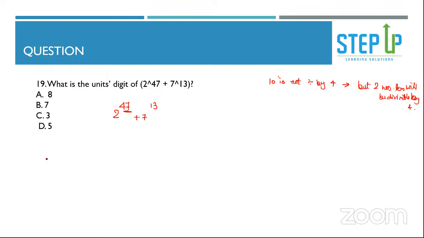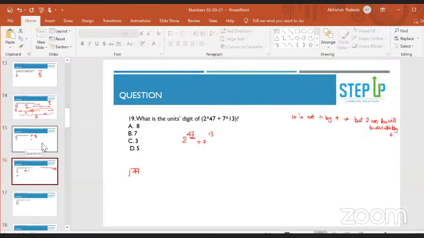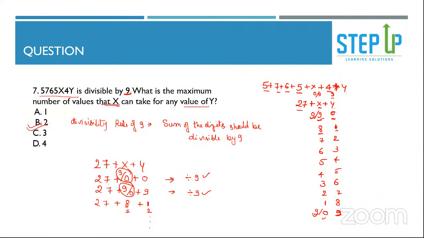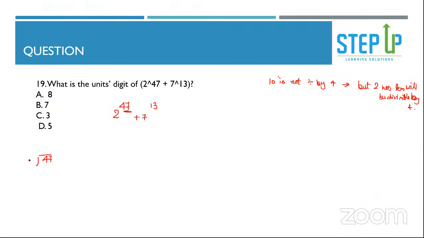Or else, if I'm not making sense, you directly divide. So 4 into 11 is 44. 3 is the remainder. 2 to the power 3. 13 divided by 4, your remainder is 1. 4, 3, 12. 1 is the remainder.